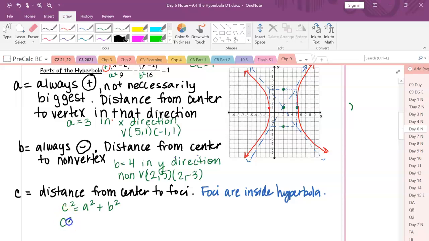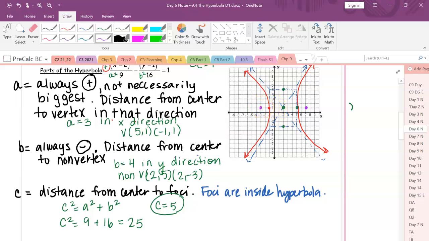So we're just going to say c squared equals 9 plus 16 and solve, and c is 25. Oops, I'm sorry, c is 5. And so we are going to go 5 units from the center inside the hyperbola. So we're going to go left and right. 1, 2, 3, 4, 5. 1, 2, 3, 4, 5.